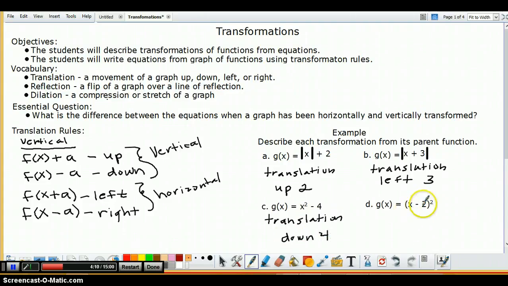Now this minus 2 inside, minus on the inside, is right. So this is a translation down. Oh, sorry, not down. Whoa, what am I doing? It's not down. It is a translation right 2. All right, so let's check out our next ones.